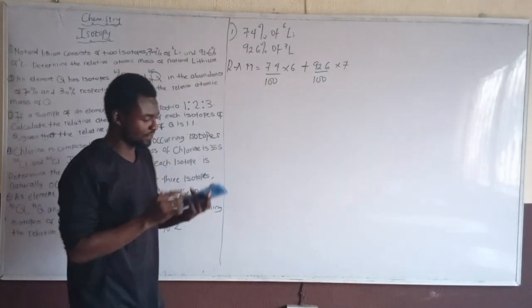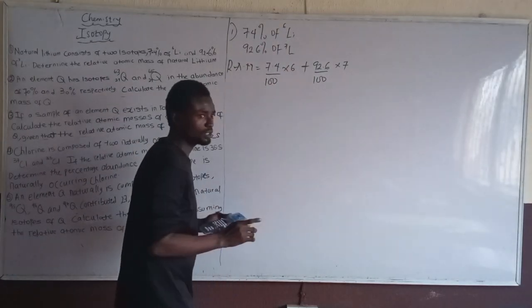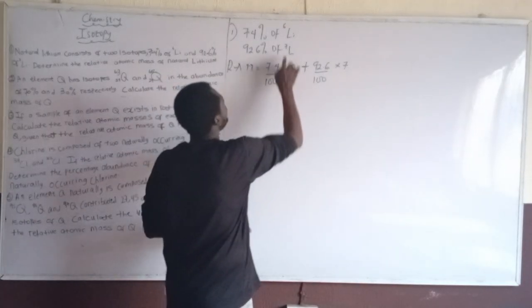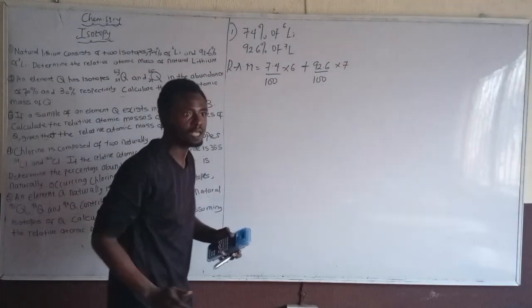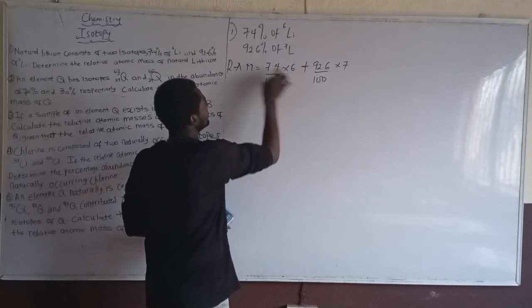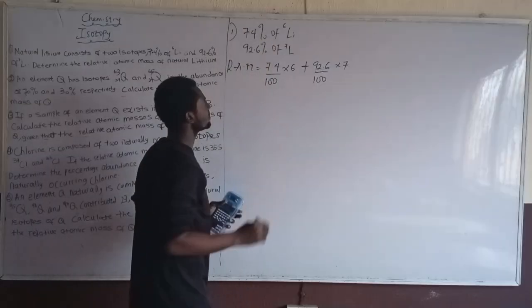So how do you calculate this? Each percentage is divided by 100, then multiplied by the respective mass number, and we add them: 7.4 divided by 100 times 6, then 92.6 divided by 100 times 7.